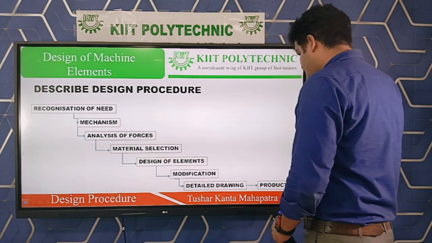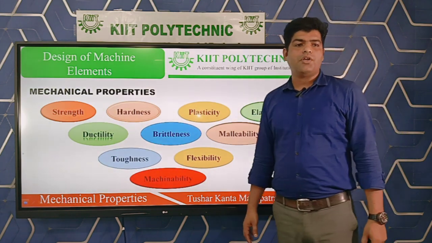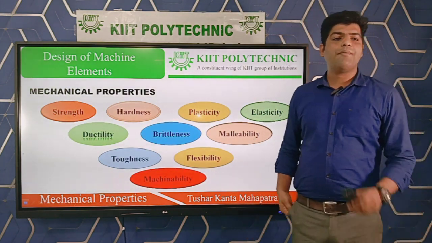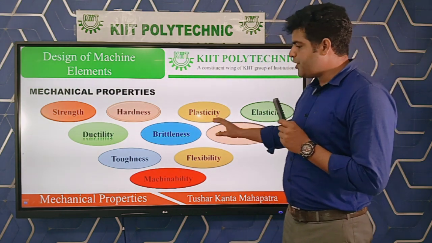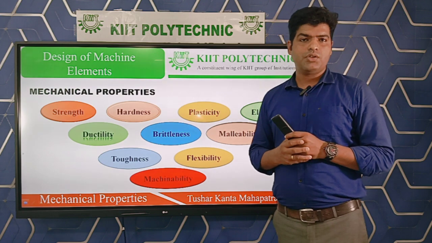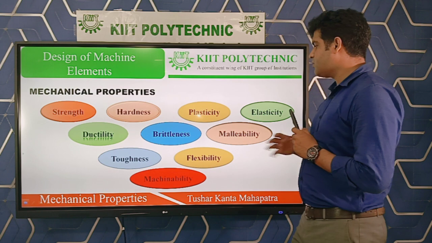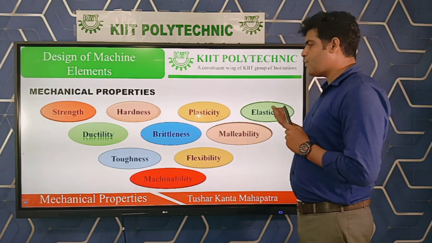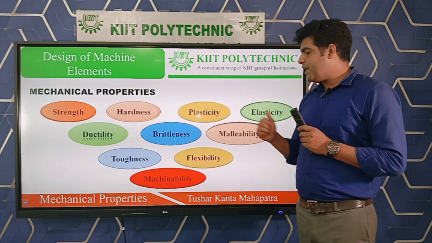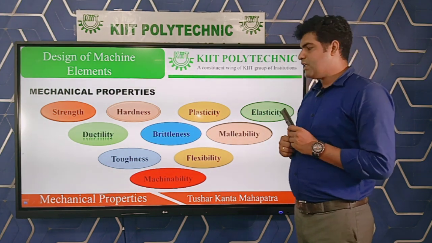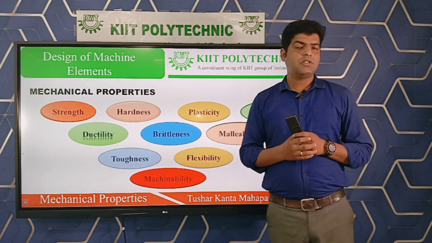Next one is mechanical property. What sort of properties does a material have? I just mention some of the properties. One is strength, second is hardness, third is plasticity, fourth is elasticity, then ductility, brittleness, malleability, toughness, flexibility and machinability.